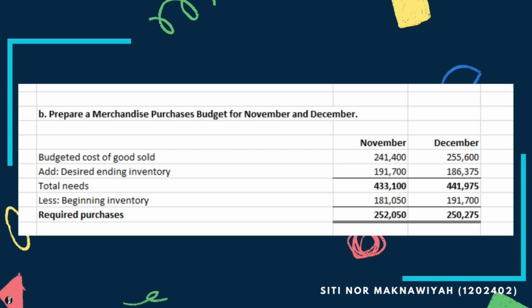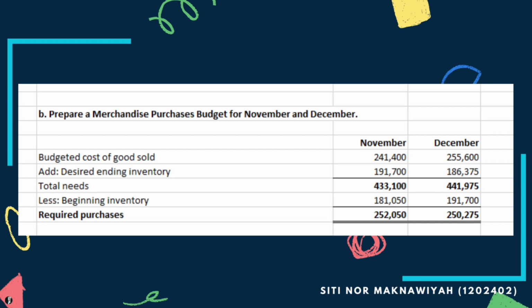For November, we get the desired ending inventory by multiplying 75% with the amount of the following month, 255,600 ringgit. Meanwhile, for December, we multiply 75% with 248,500 ringgit. If we add budgeted cost of goods sold and desired ending inventory, we get the total needs for November and December.